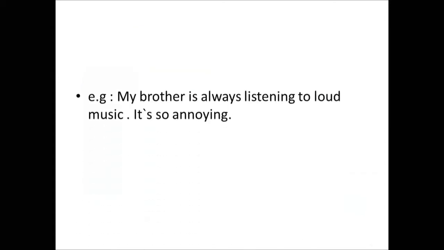Now here is another kind of use for the present continuous. My brother is always listening to loud music. It's so annoying. Now if you look, the verb is listening, and I use always here. Okay, we use always, and the verb is listening. Now you can also understand from the sentence that there is something wrong and something is annoying.